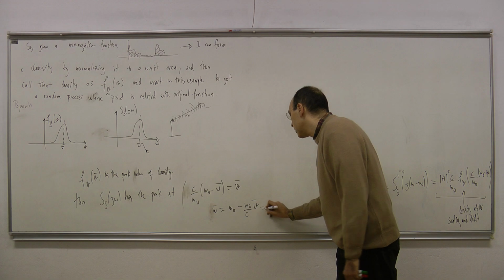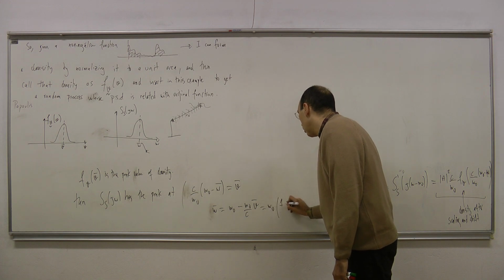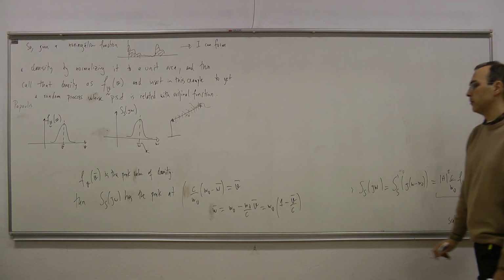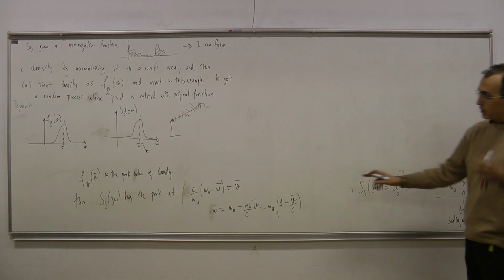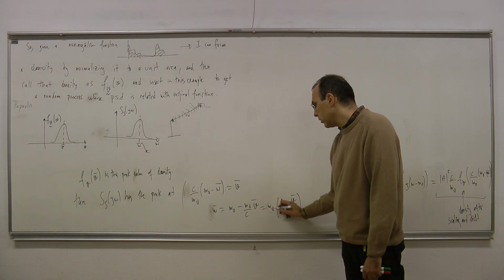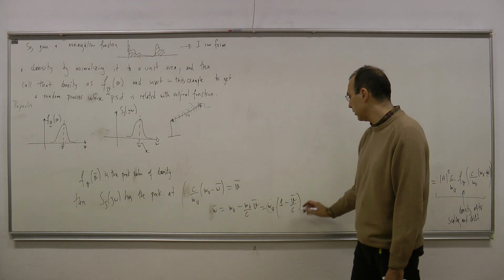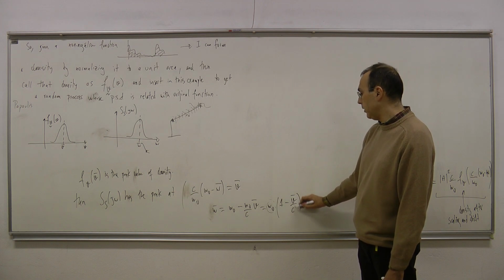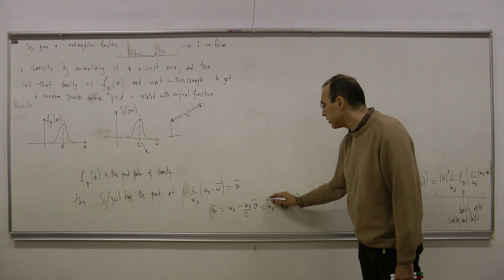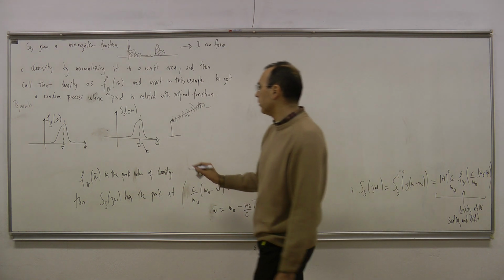So this is equal to omega naught times 1 minus V bar over C. Actually this is nothing but the Doppler effect, as you see. Again, the units match. This is in, let's say, radians per second. This is velocity, meter per second, they cancel. So units match, and this is what we call the Doppler effect.